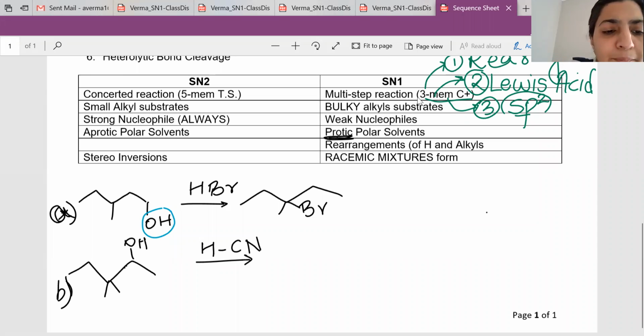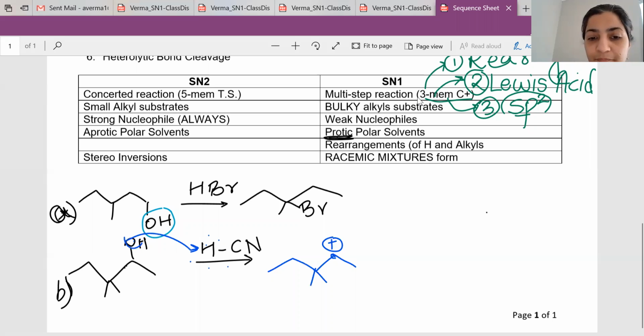So for our example B also, we are going to see some rearrangements. Why? Because of the protic conditions. Now in this particular system, when the OH becomes OH2, the first carbocation will form at a secondary location, this carbon, when the water molecule leaves.